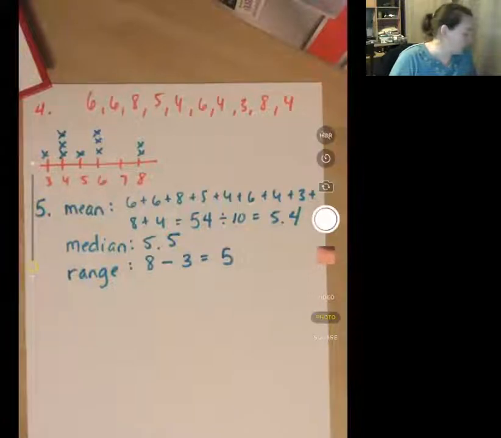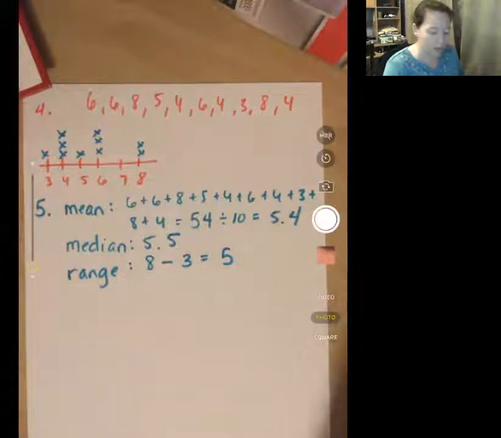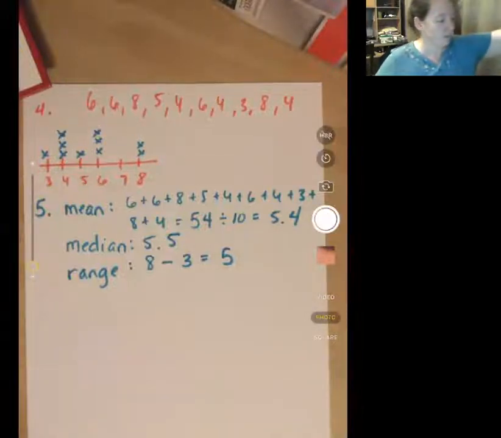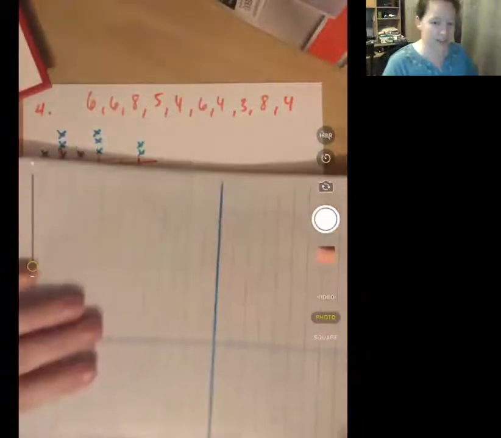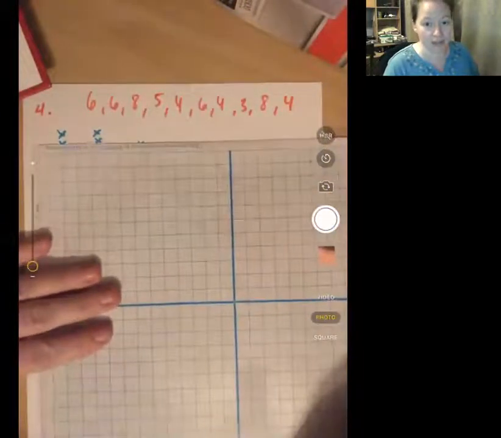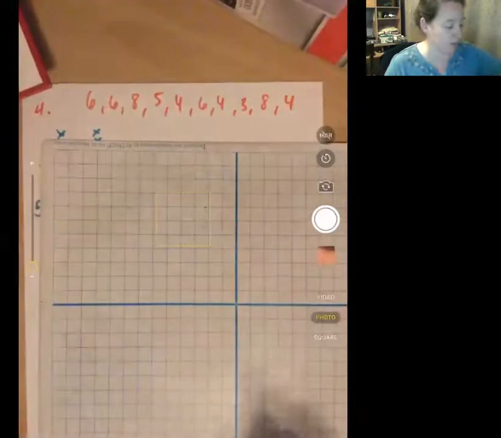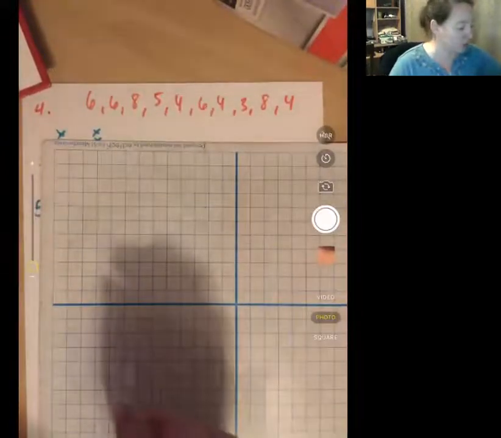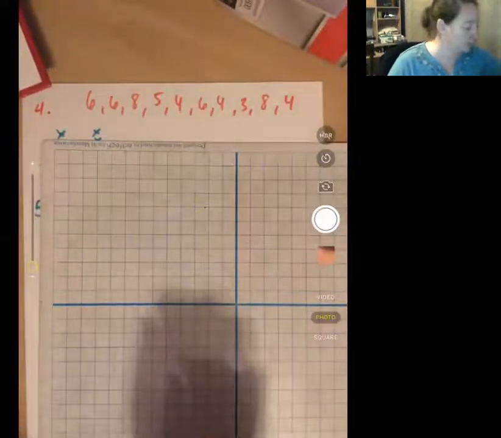Now we can go on to number 6, where we are going to make a histograph. All right. So I am going to make it on my graph paper. You already have graph paper inside your book.